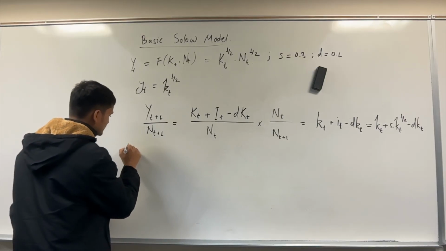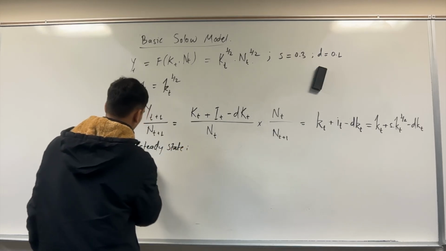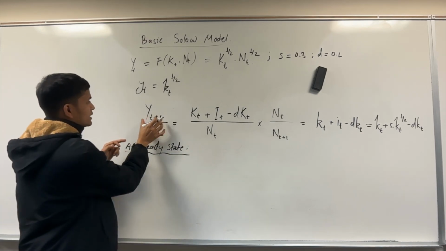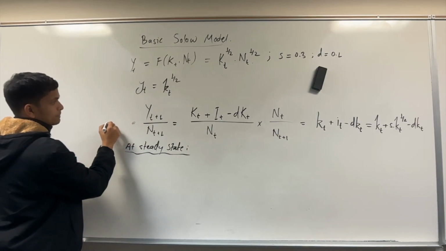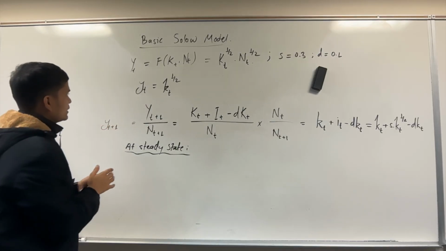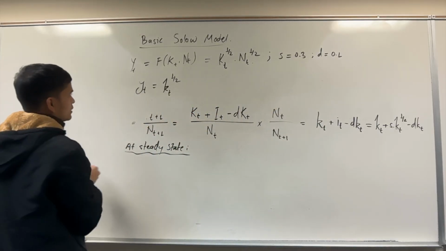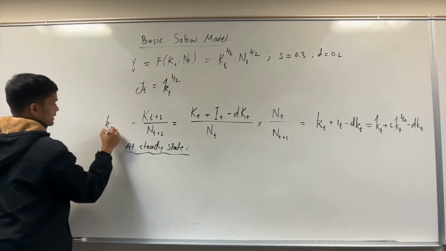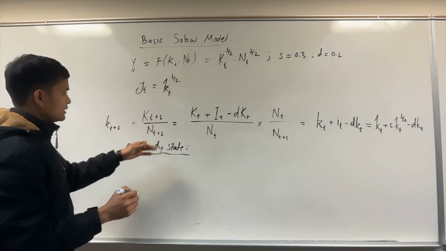So if the economy is at steady state, then small k_{t+1} equals capital K_{t+1} over capital N_{t+1}.